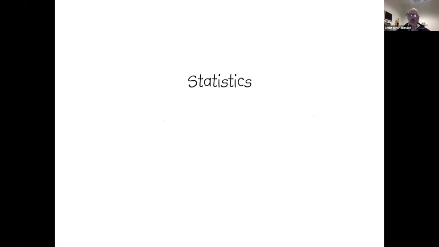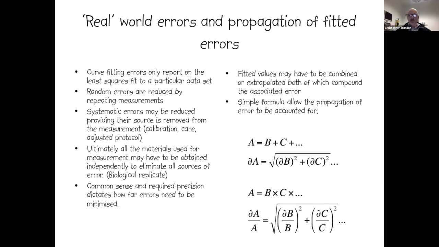So finally, I'm just going to mention a couple of slides about statistics. When we come to the real world, we're interested in perhaps what is the error on our measurement. And the curve fitting process gives us errors, but these are just simply fitting errors.